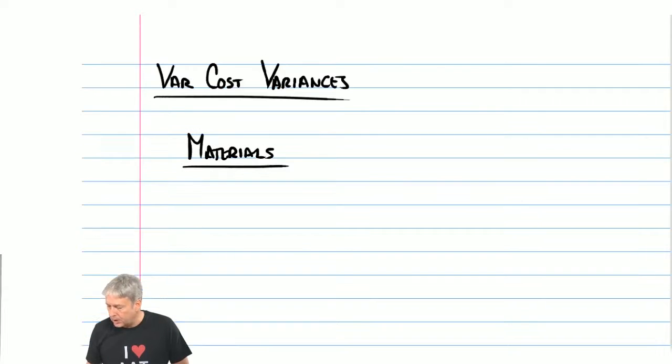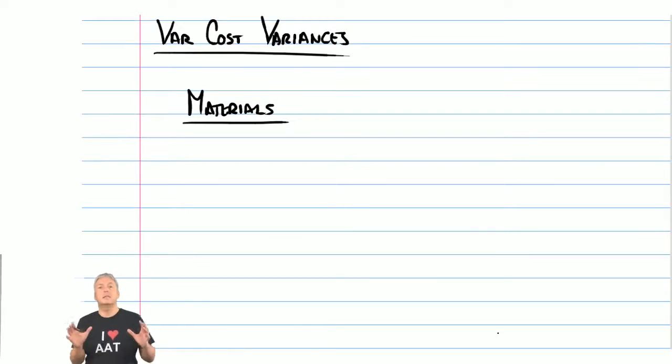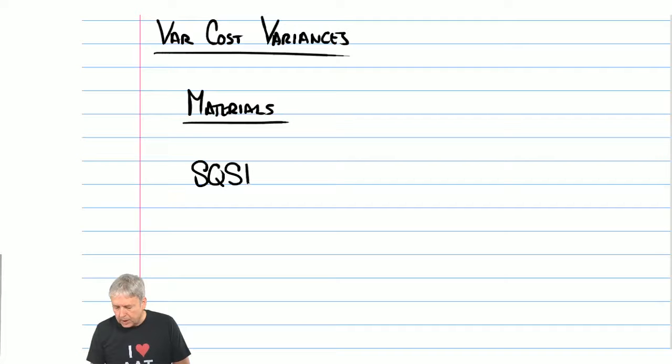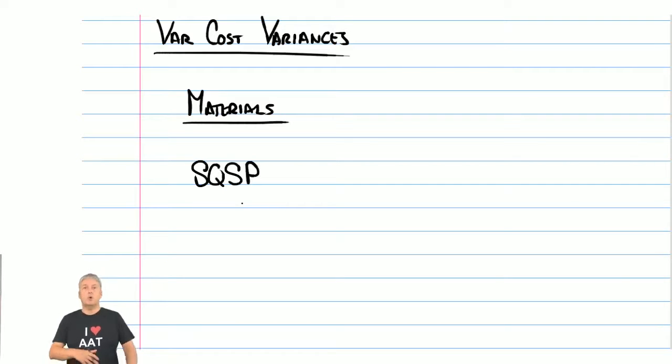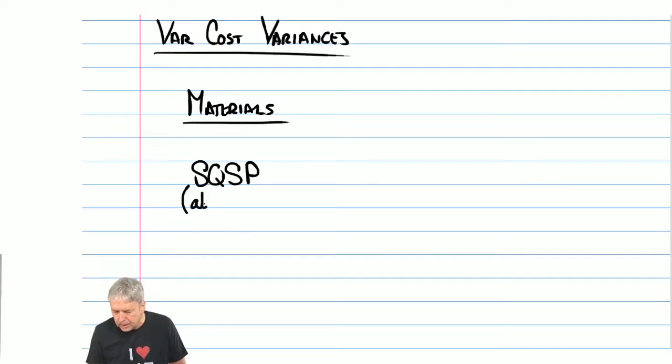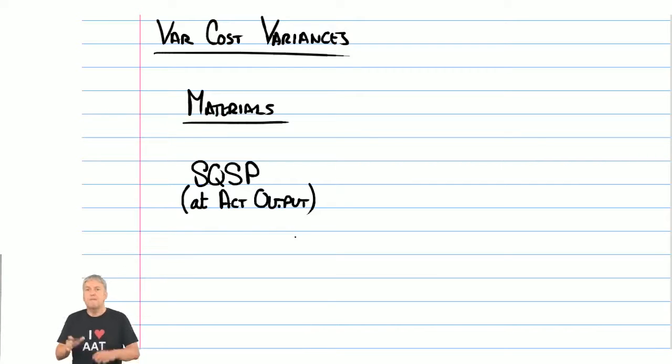If we're looking at materials, what I do is I use a simple pro forma that we slowly fill in. Okay, I say slowly, maybe you can do it a bit more quickly than I can. So we have our standard quantity at standard price. This is what we expected everything to cost. Now, of course, because we're looking at variable cost variances, we want to look at this at the actual output, because we will have to, do you remember that idea?